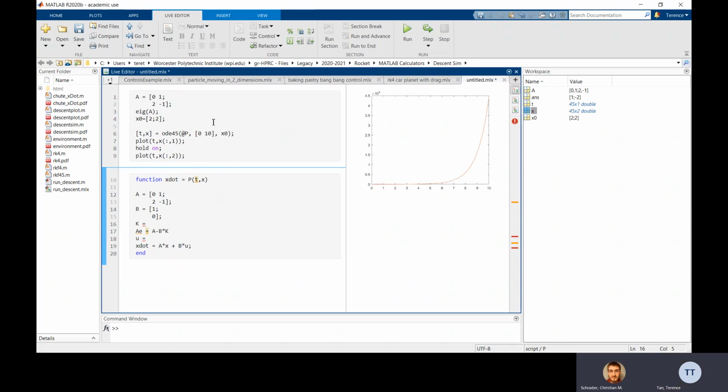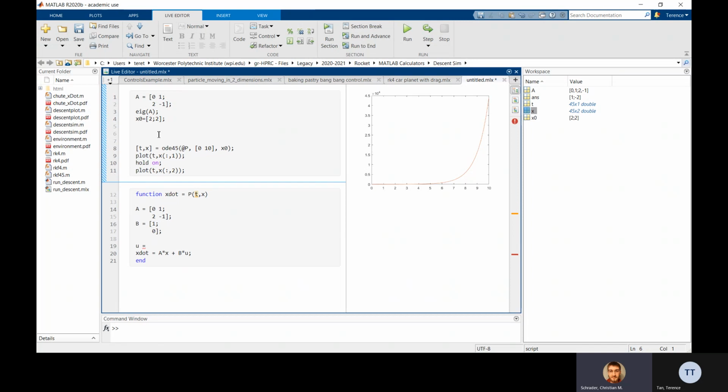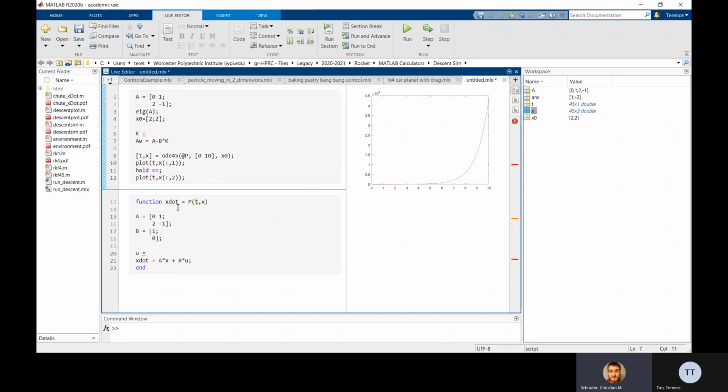So we're not just testing values of K until we find something that we like? Yeah, so the correct way to do this would be to use the characteristic equation to mathematically determine the values of K to get the poles that you want. But if we want to be lazy, we could just use a script and do trial and error to get it right. Okay.